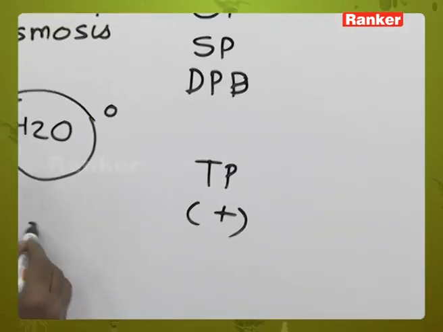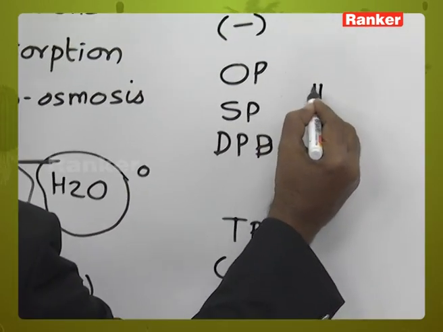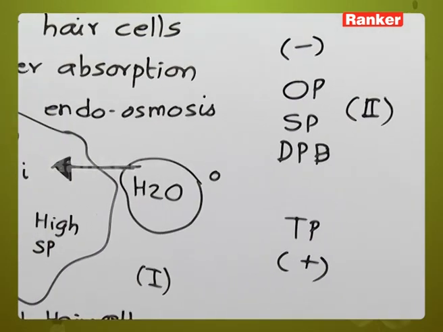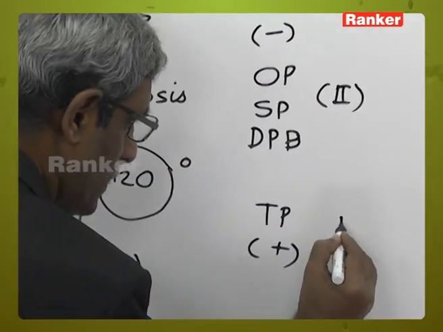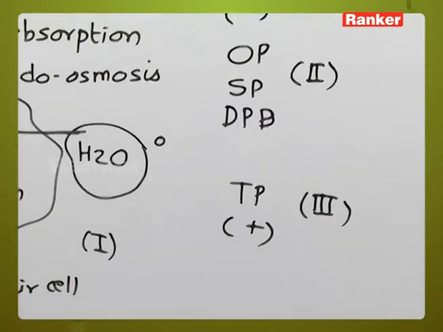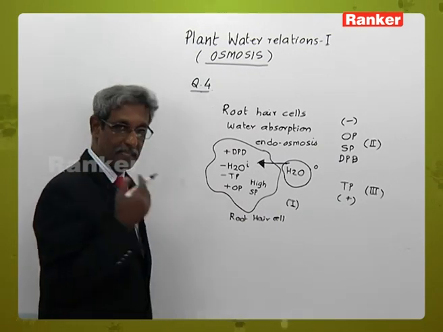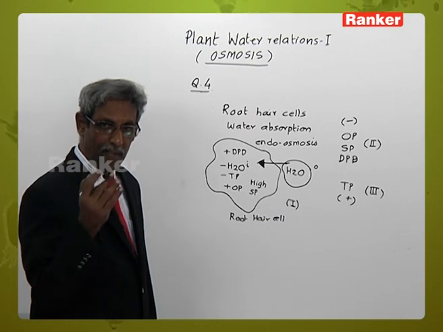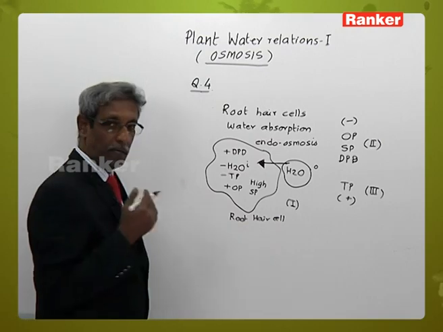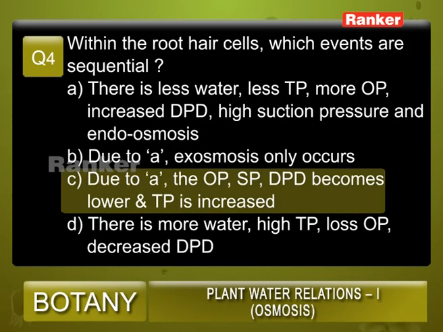So at first level we have all these features. At the second level, the osmotic pressure, the suction pressure and the diffusion pressure decrease, and as a consequence, lastly the turgor pressure is increased. Hence, among the choices, choice C says due to A as well as other consequences, primarily in the root hair cells water gets absorbed. Hence, the right answer is C.